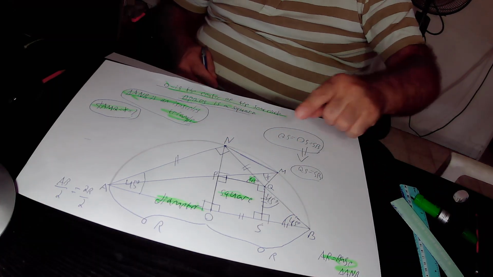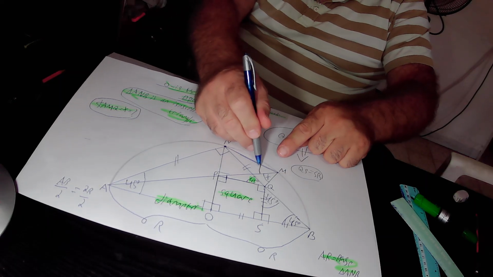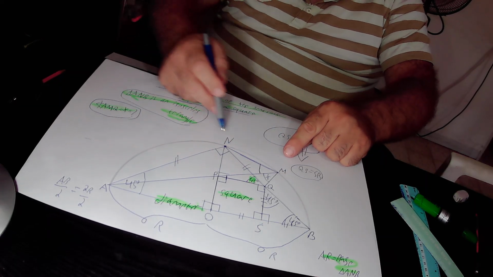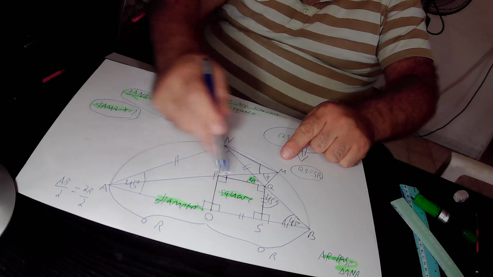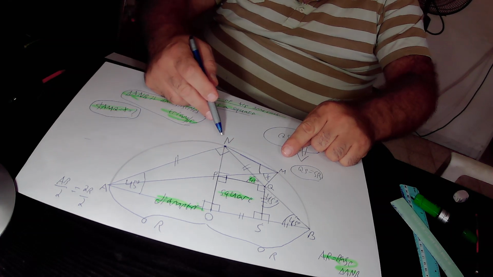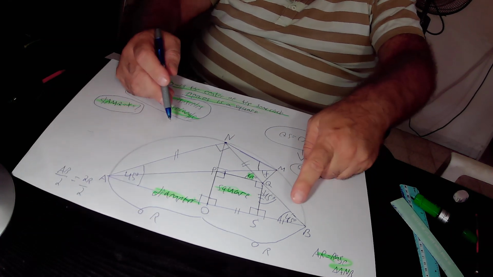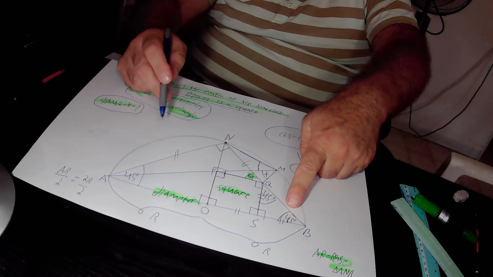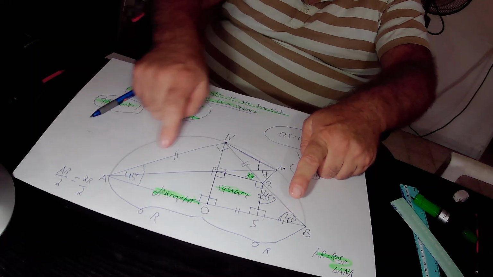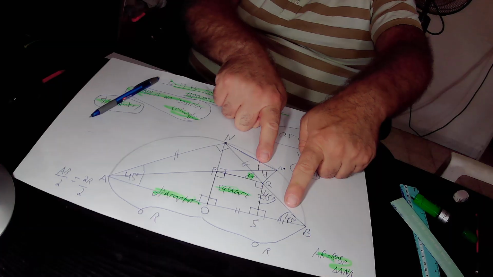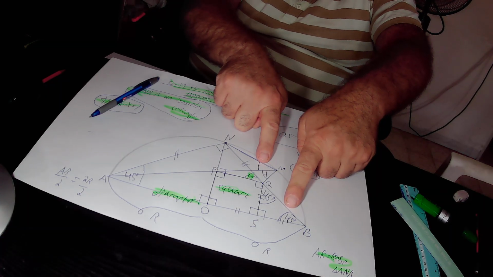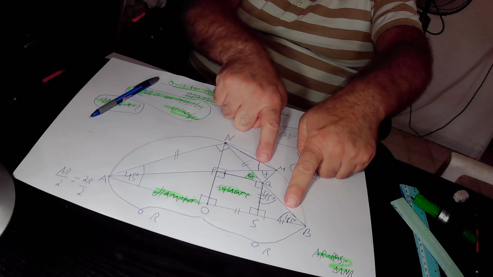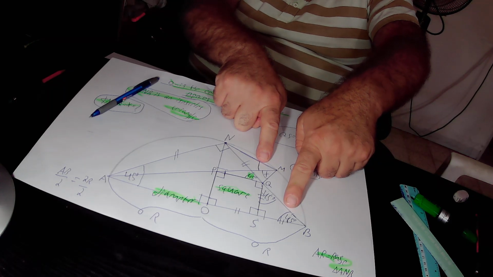Likewise, this is triangle AMN, subtended on the same chord called AN, exactly like triangle ABN. They are both subtended on the same chord called AN. And therefore, they must be equal to each other in their sizes according to Rule 16. According to Rule 16, if two or more triangles are subtended on the same chord, then they must be equal to each other in their sizes.